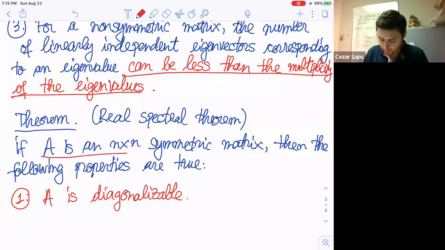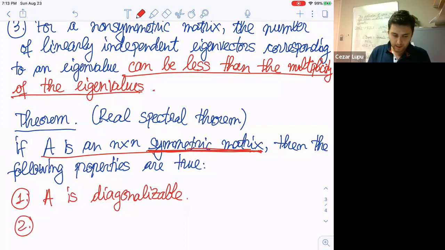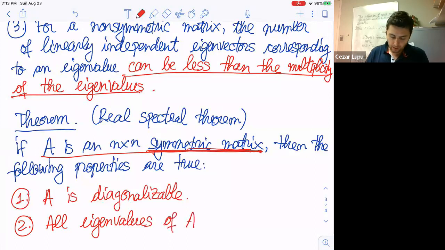So keep in mind that A is an n by n symmetric matrix. This is important. So we know that the symmetric matrix is diagonalizable. The second one, all eigenvalues of A are real.